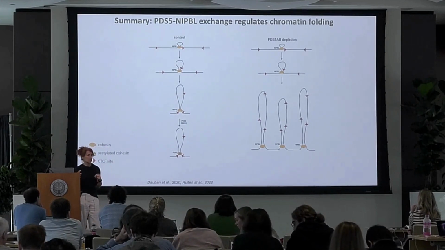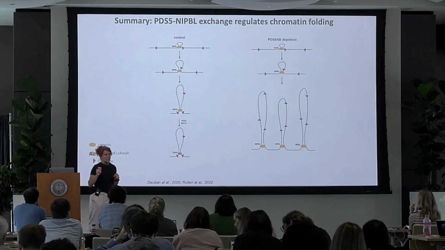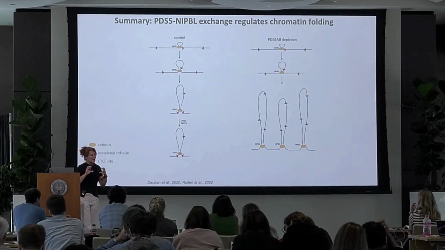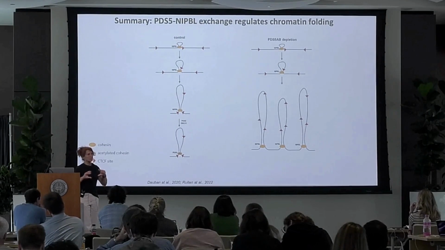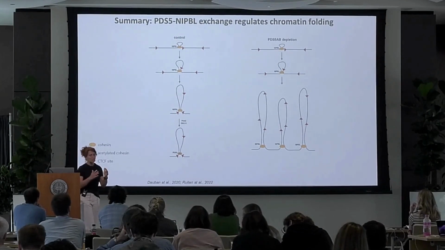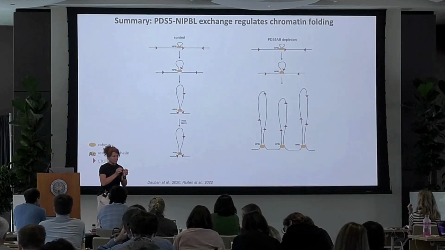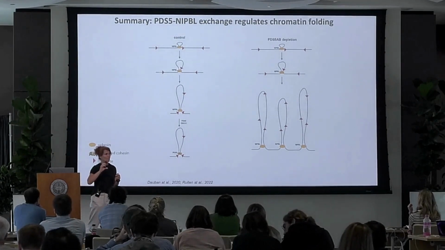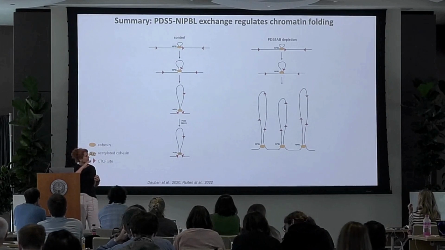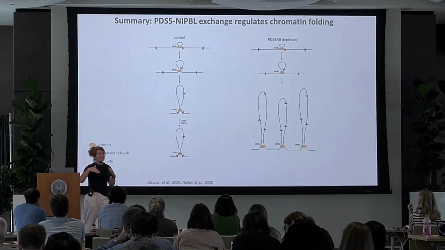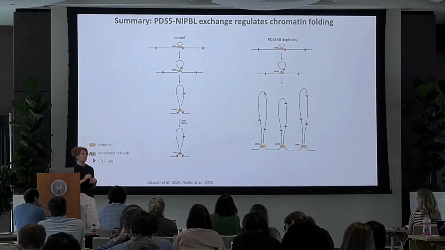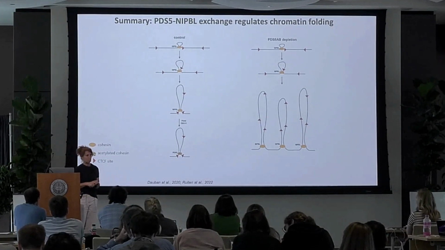But what I personally believe in human cells is a bit different, because we have evidence, which I have not talked about here, that PDS5 might release cohesin in a different way than WAPL, because WAPL opens the exit gate, but we think that PDS5 can also exchange for NIPBL at some complexes that are, for example, not acetylated, and they can then get released from chromatin. So we do believe that PDS5 also has a partially WAPL-independent release.